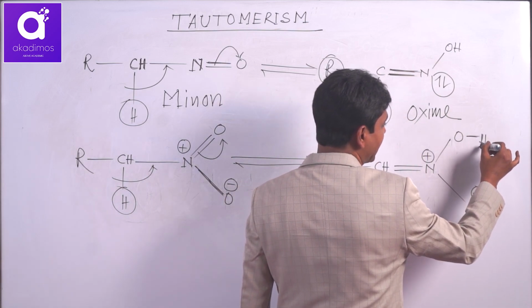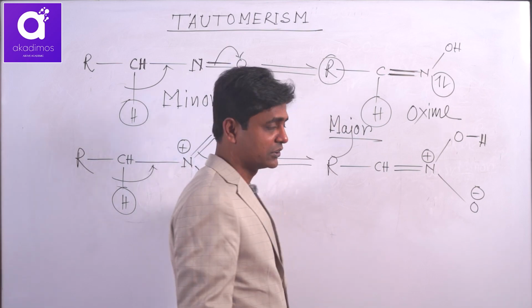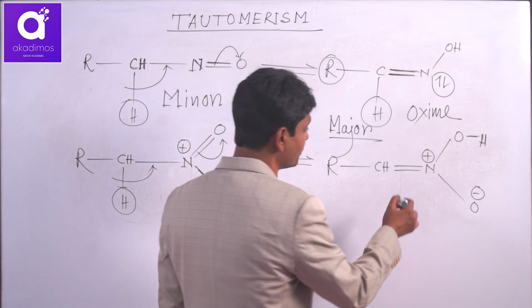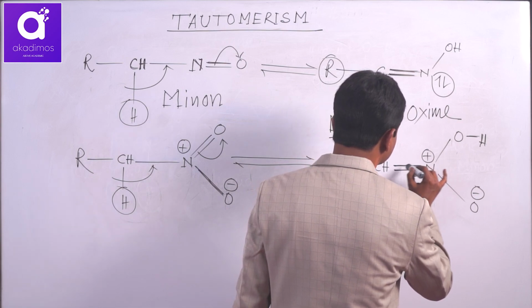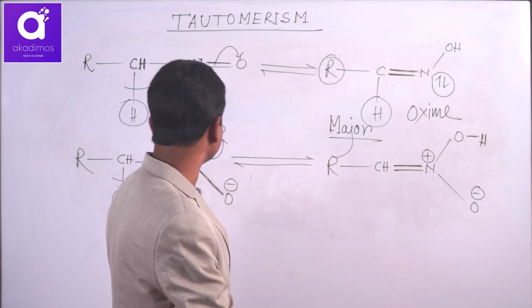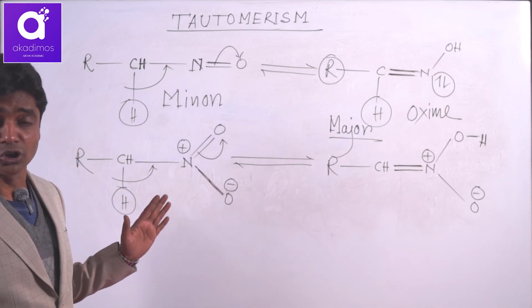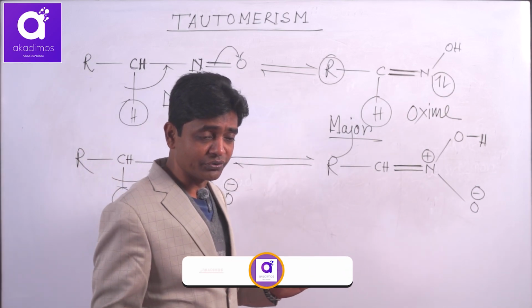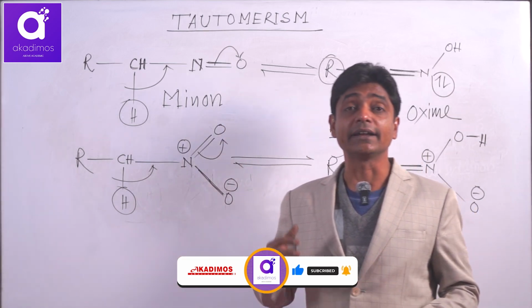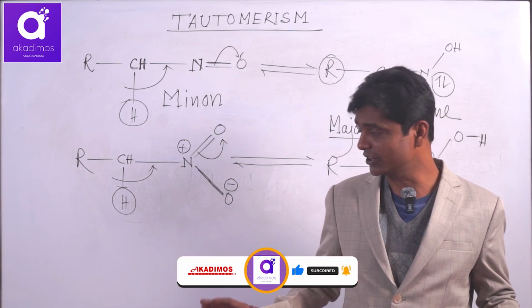This hydrogen can make a bond with this oxygen also. That's why both nitrogen-oxygen bond lengths are equal. And this tautomeric form reduces the carbon-nitrogen bond length. That means other than keto-enol tautomerism, I have given here two different examples. One is a nitrosyl compound, another is a nitro compound. That will also show tautomerism.